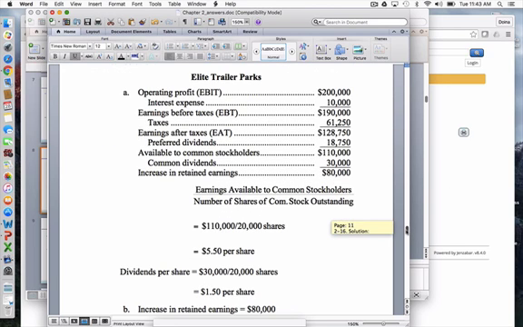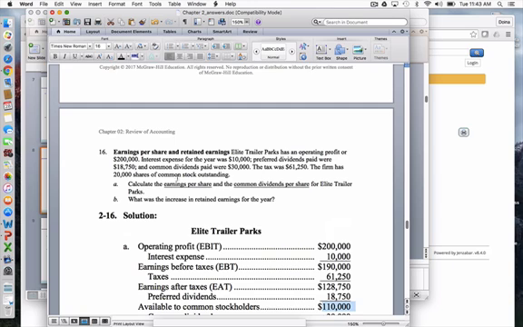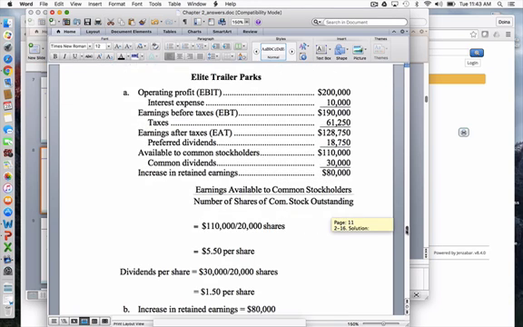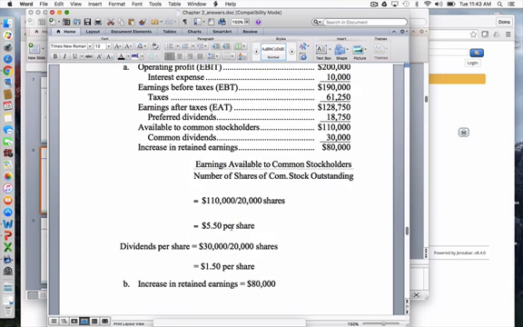We are going to take how much earnings are available to common stockholders, which is 110,000, divided by number of shares, given in the problem as 20,000 shares. So we divide by number of shares, and we have $5.50 per share. And the dividends per share, we take dividends amount 30,000 divided by the same number of shares. So this is $1.50 per share.